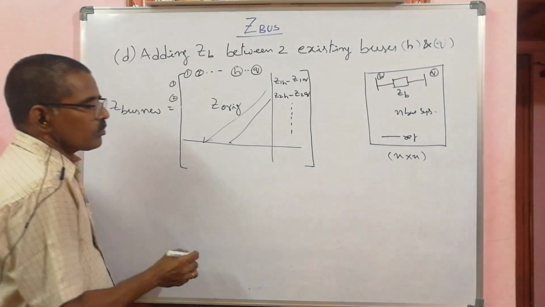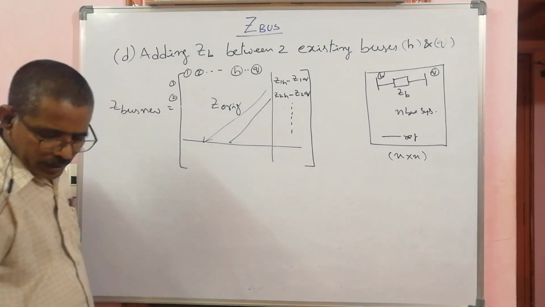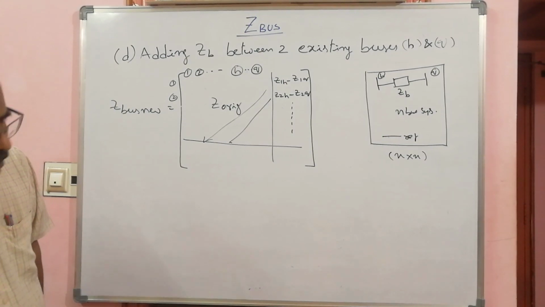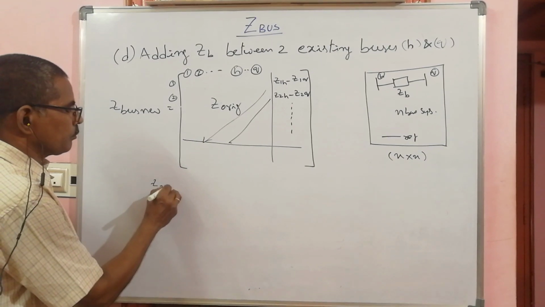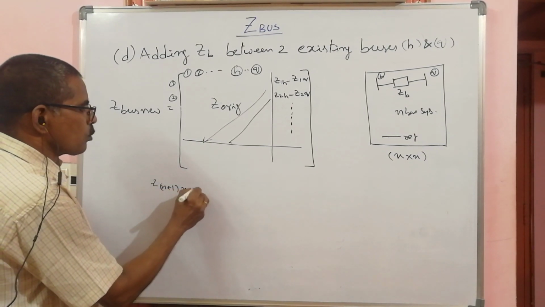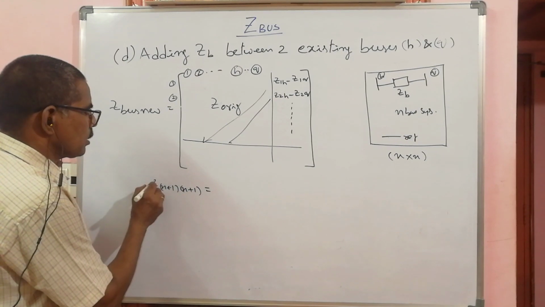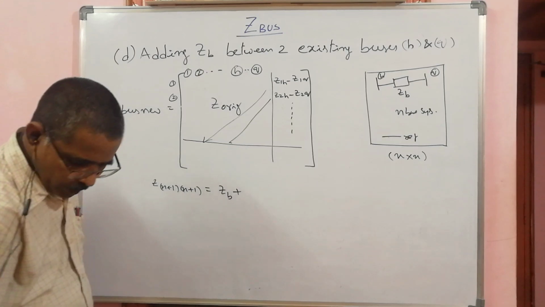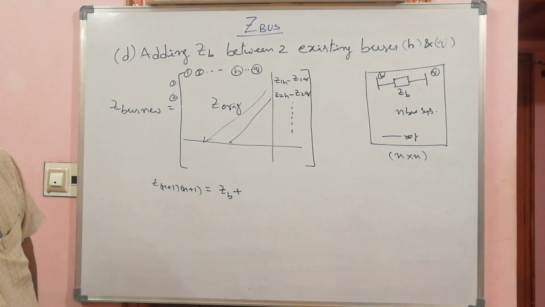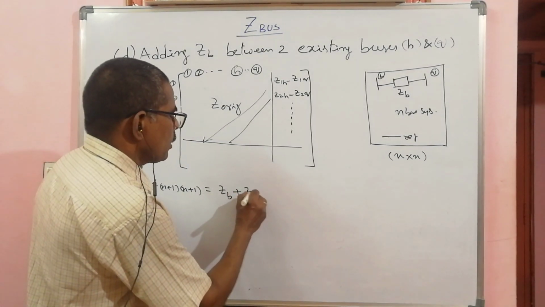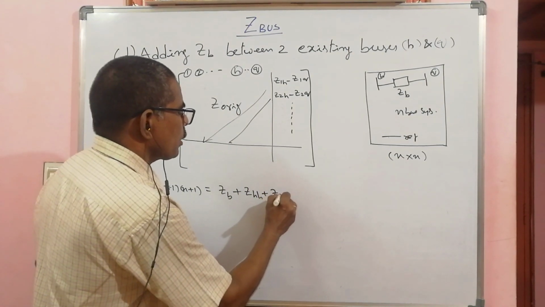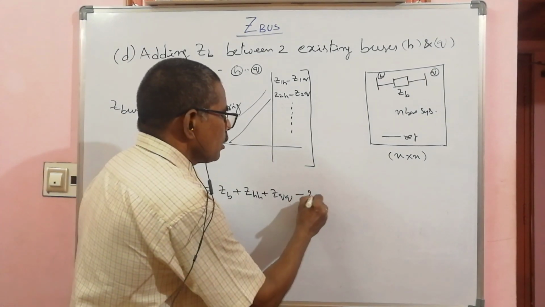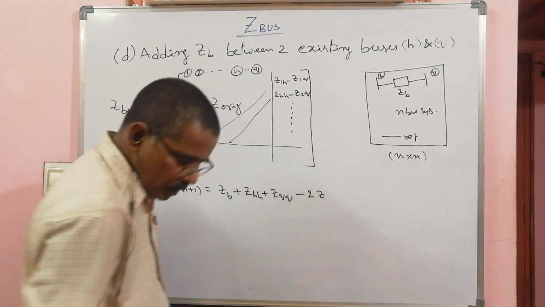And this value, which is the diagonal, Zn+1,n+1, is Zb plus ZHH plus ZQQ minus 2ZHQ.